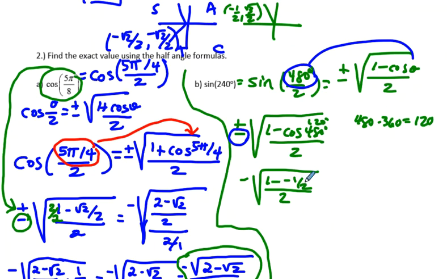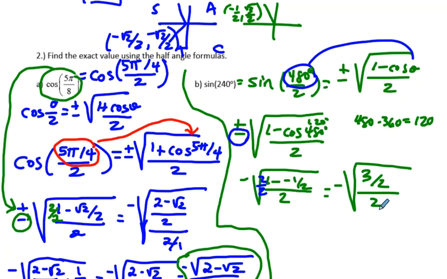Minus negative is plus, and I need a common denominator here. So multiply the 1 by 2 over 2. So negative on the outside, 2 plus 1 is 3 over 2, over 2. So I did 1 minus negative 1/2, which is 1 plus 1/2, which is 1 1/2, which is 3/2.